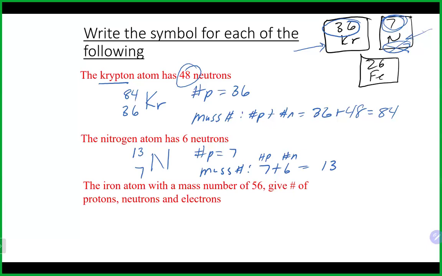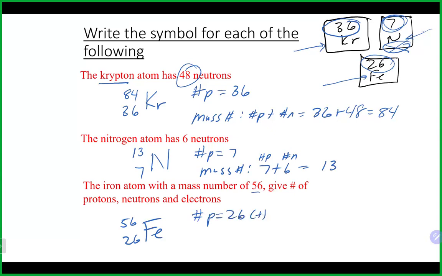Lastly here, iron has a mass number of 56. So they actually gave us the mass number in this case. We would still perhaps need to go to the periodic table there to get our atomic number and maybe the symbol if you weren't sure. So that's going to be 26. They did give us 56. That atomic number is going to tell us that the number of protons here is going to be 26.